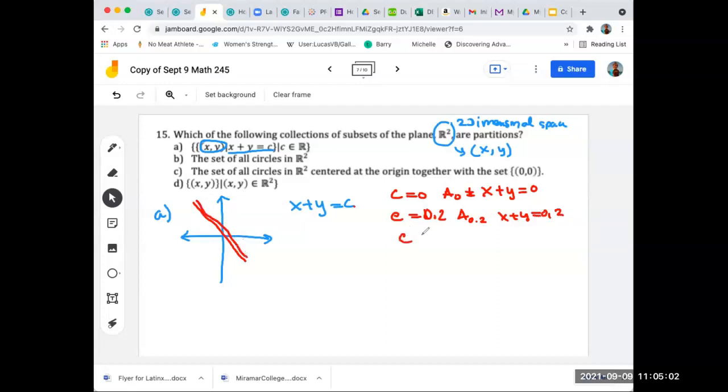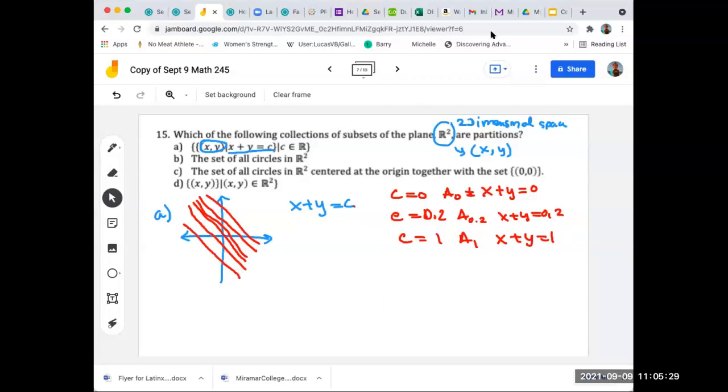Let's say I have C equals 1, X plus Y equals 1. Still a line, still slope -1, but the y-intercept is at 1, okay? So each of the sets in my partition are going to be lines with slope -1.